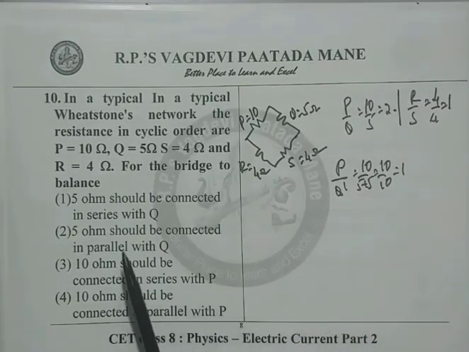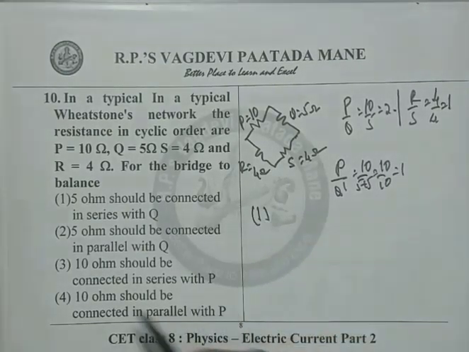Therefore, when we connect 5 ohm in series with Q, the P by Q dash will be equal to R by S and the network will be balanced. First option itself is correct, so there's no need for us to check the other 3.